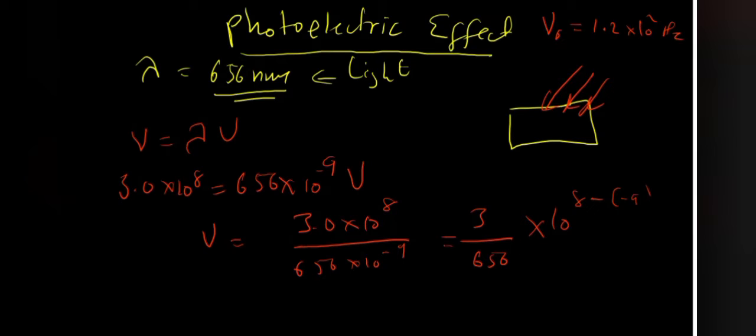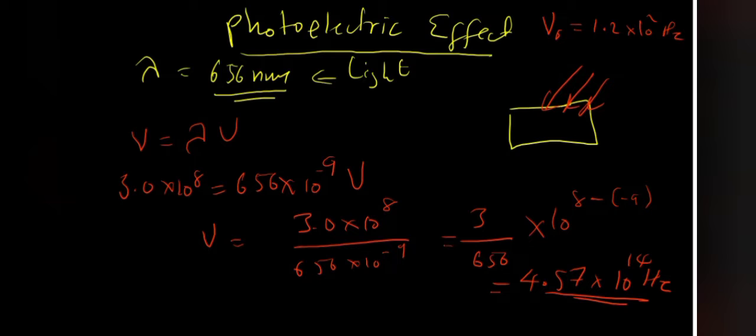What I'm getting is 0.00457, and then multiply by 10 to the power 8 plus 9, that is 10 to the power 17. So what I'm getting is 4.57 times 10 to the power 14 hertz.